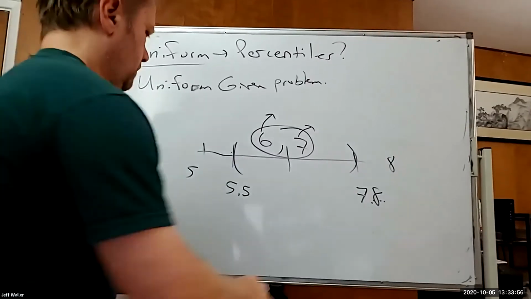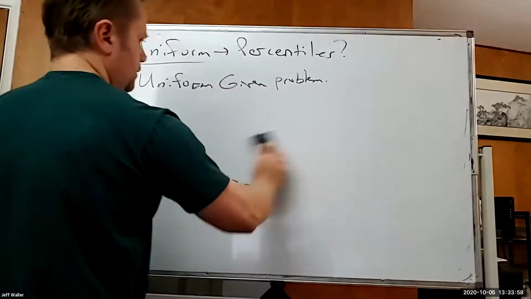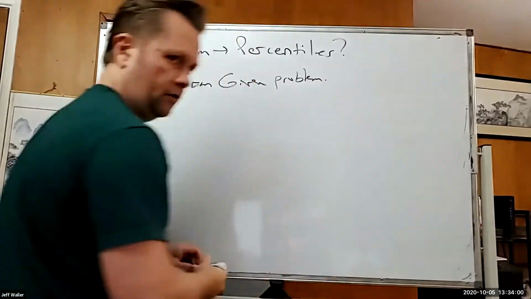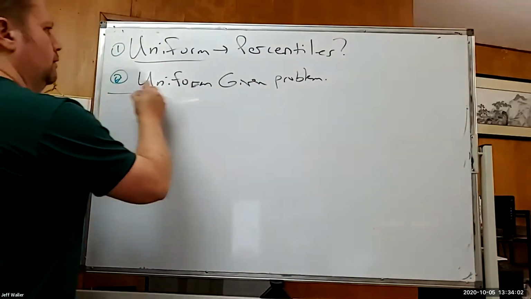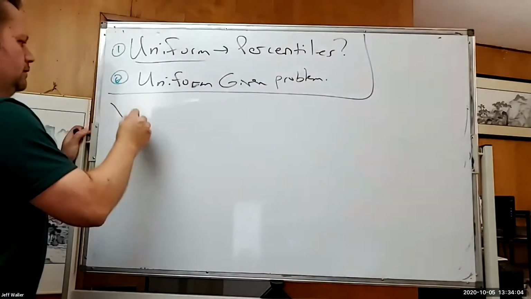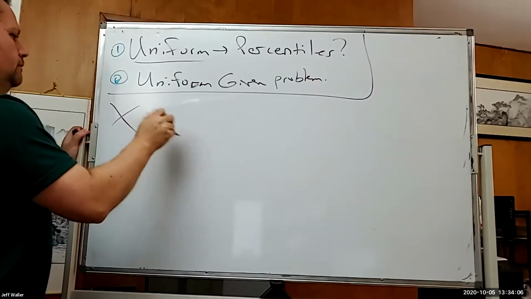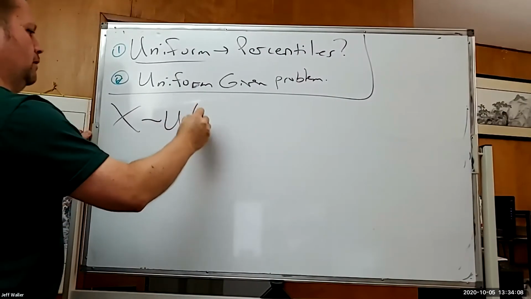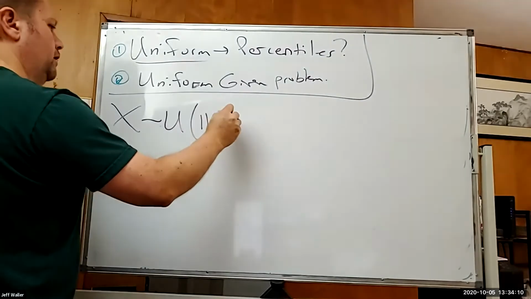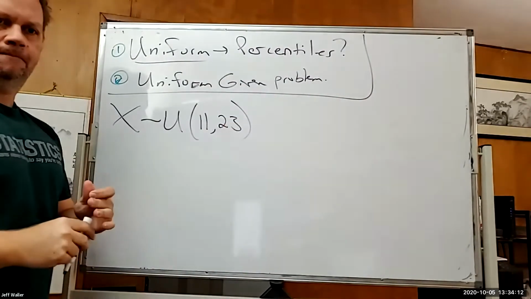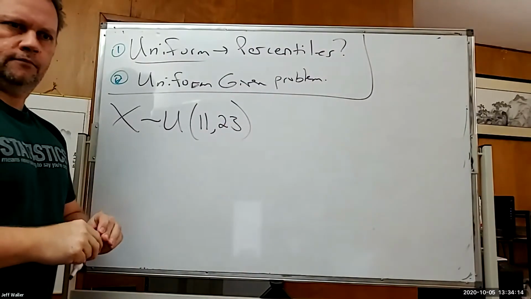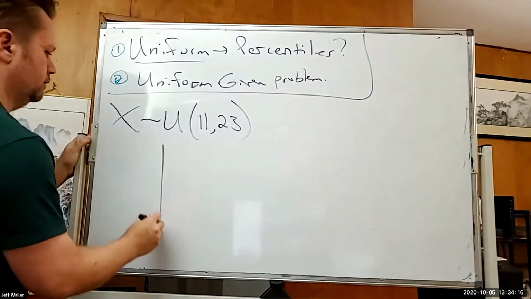Okay. So I'm going to create a uniform distribution. I'm going to say it's uniform from 11 to 23. Why not? So it's going to look like this.